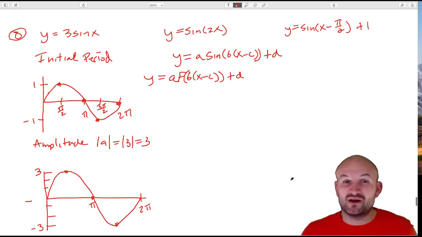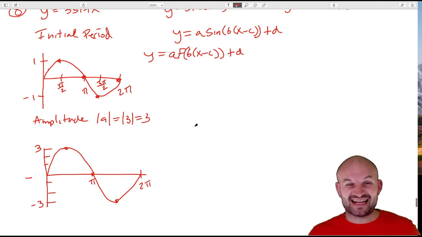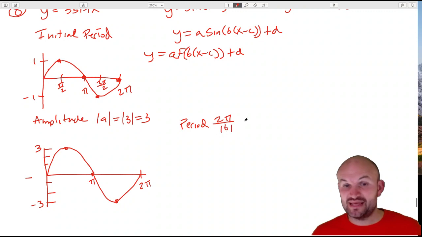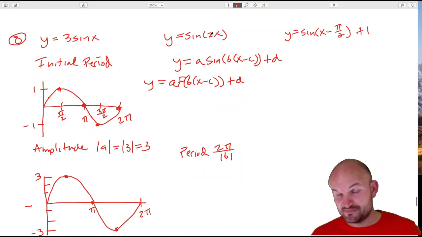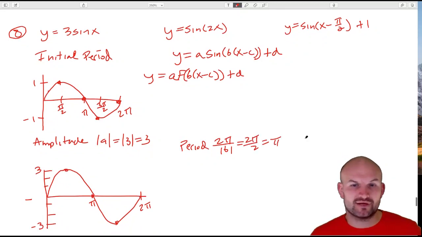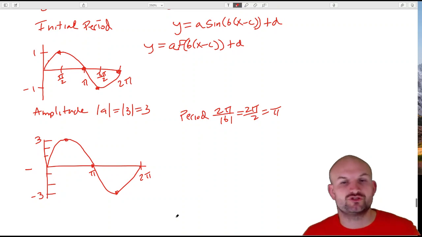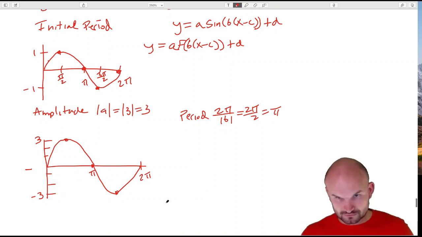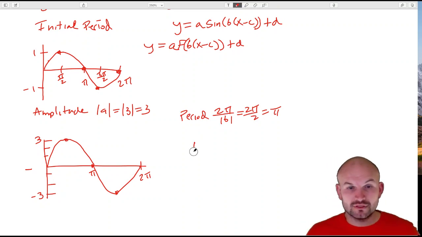The next one is, what about when we have a 2x? Well, what's going to be impacted in that case is what we call the period. And the period is 2 pi divided by the absolute value of B, which in this case is what's being multiplied by x, which is 2. So therefore that's 2 pi divided by 2, which is pi. Okay? So now the graph goes up to 1, down to -1, right?